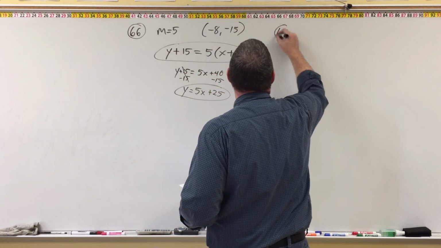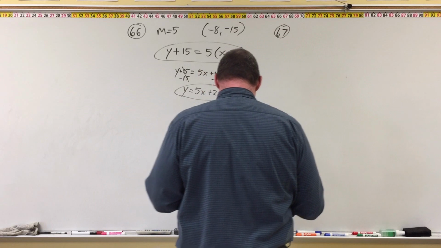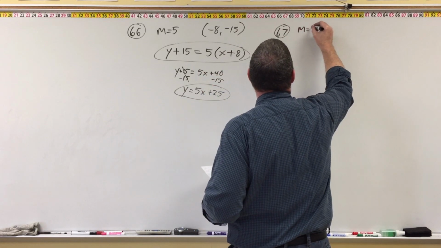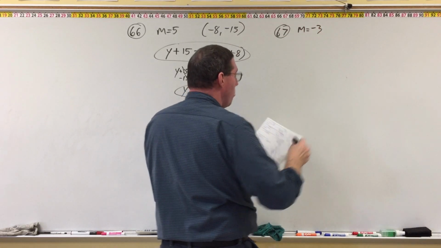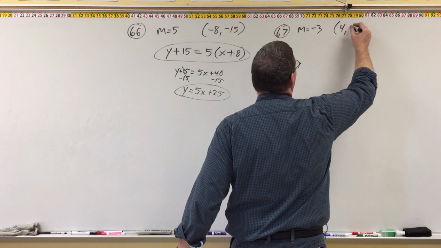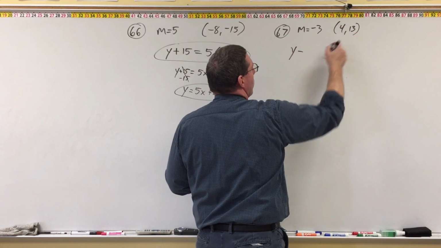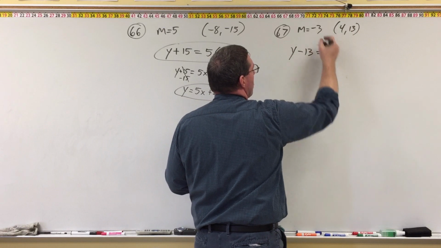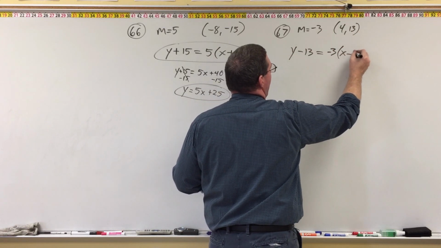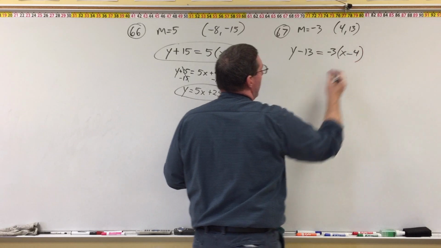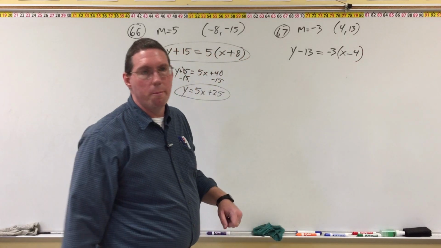67, do the same thing for slope of -3 passing through the point 4, 13. So y minus the y coordinate 13 is equal to slope, -3, times x minus the x coordinate, which is 4. And so this is point slope form.